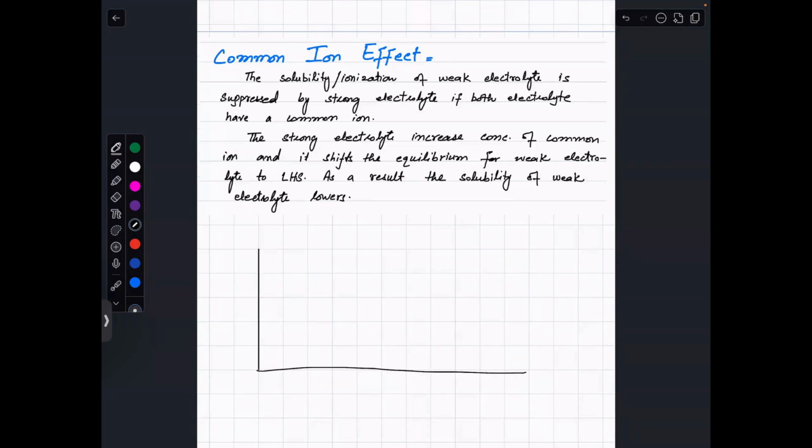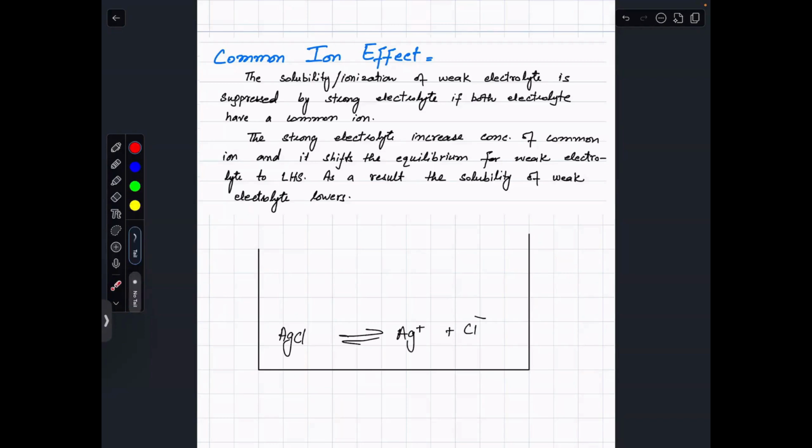In that container, there is AgCl, which is very, very slightly soluble. Right? It was very slightly soluble. You know what I did? I added NaCl. What will happen?